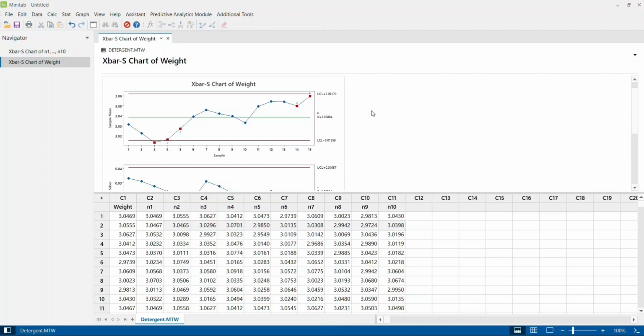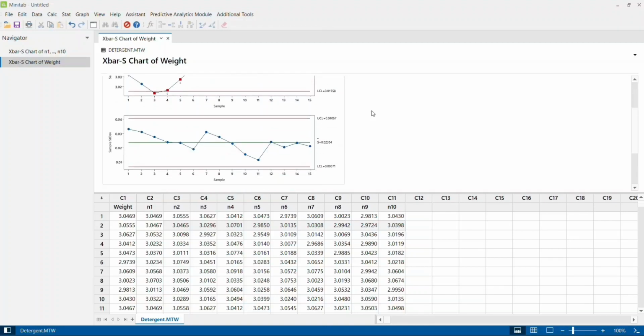Similarly, for the control limits of the S chart, D3 times S bar will be your lower control limit, and D4 times S bar will be your upper control limit. And once we construct this, we can plot the chart and make our results and interpretation out of the chart.